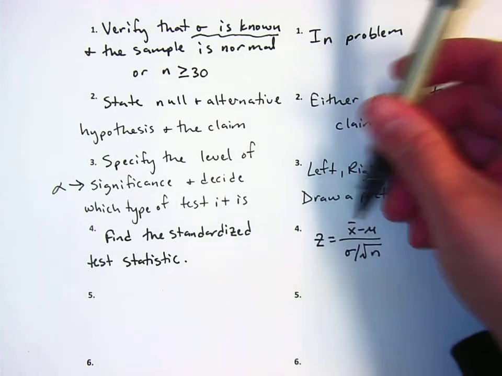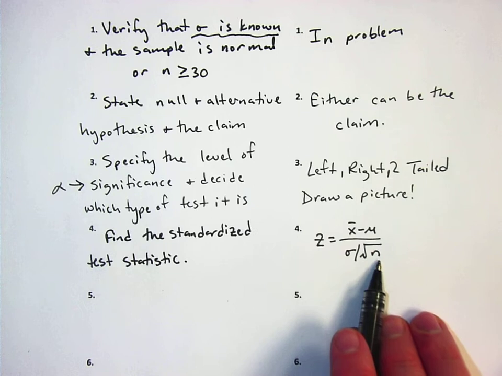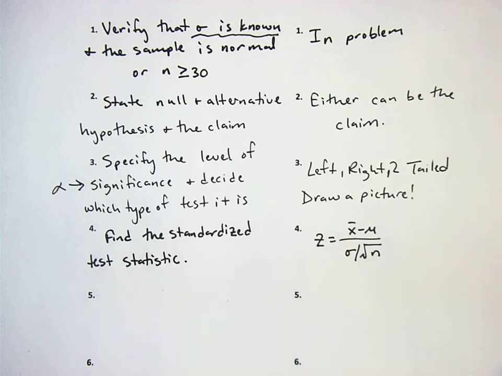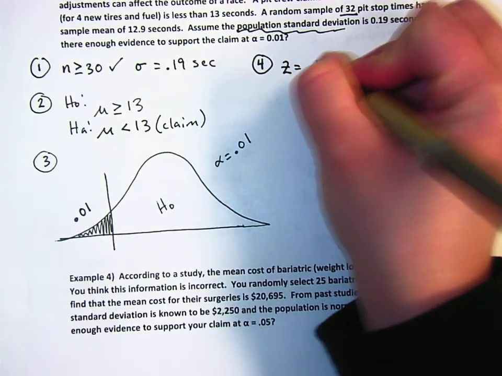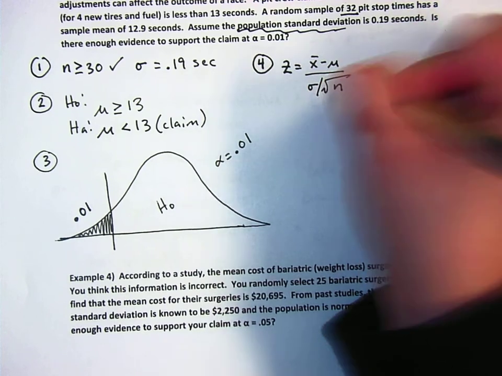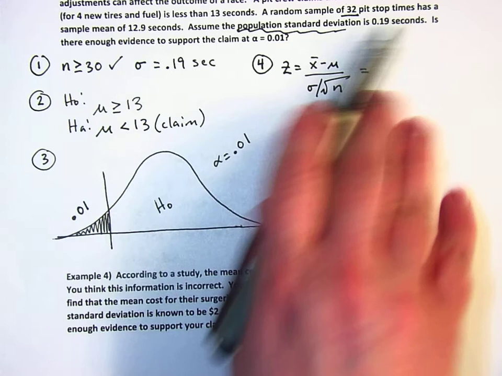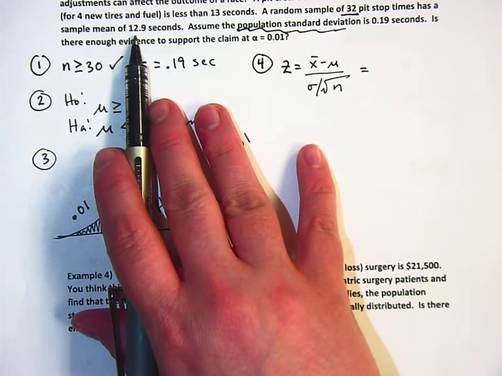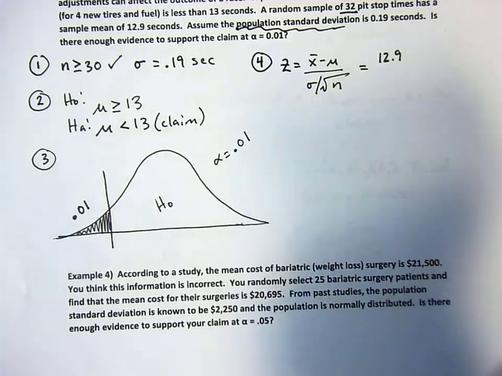This is your sample mean, that is your claim. This one's the population standard deviation and your sample size. Okay, so it looks like when they did a sample of 32 pit stop times, they ended up with 12.9 as their sample mean.